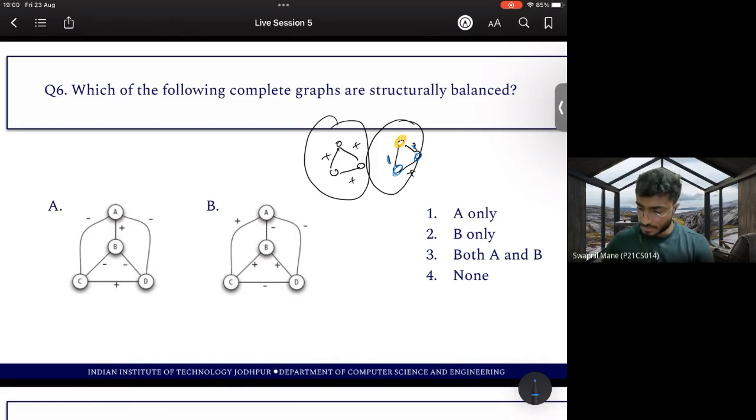Okay. So let's take this triangle. Here two edges are negative and one edge is positive, as already explained. The two negative edges are from the common boss, and between the employees there is a positive relationship. So this is structurally balanced.